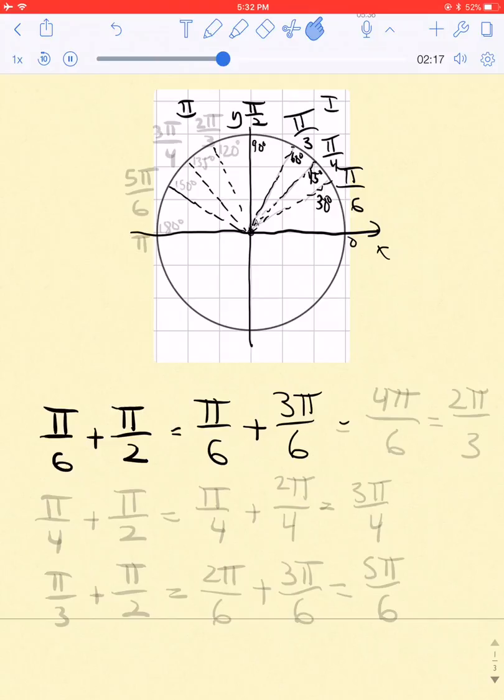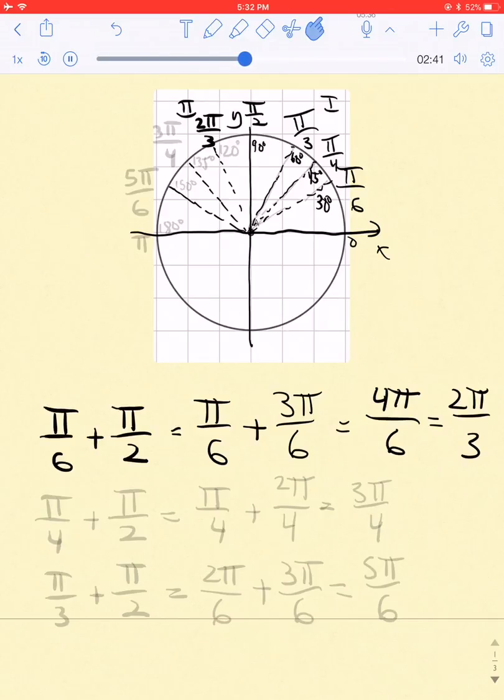So this is equivalent, and now we can add, because we have the same denominators, we end up with 4 pi over 6, which simplifies to 2 pi over 3. So that first angle in the second quadrant in the unit circle is 2 pi over 3.